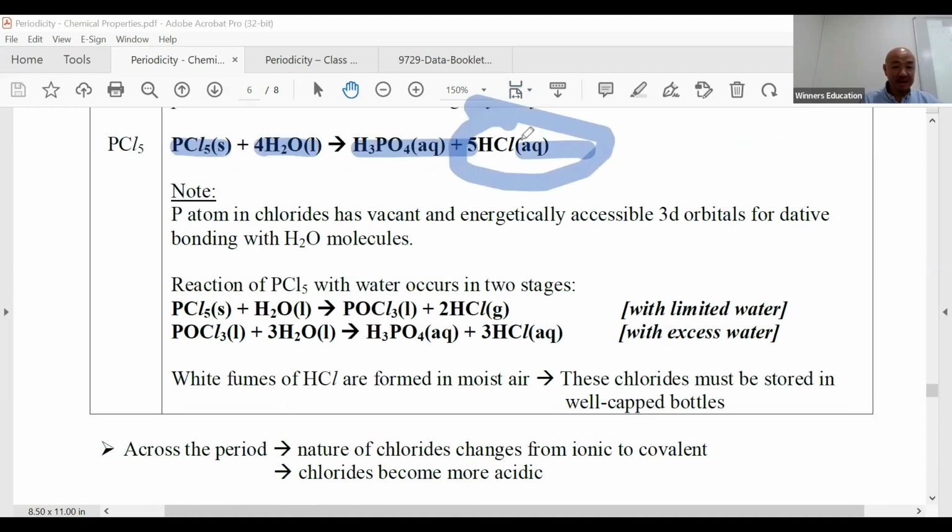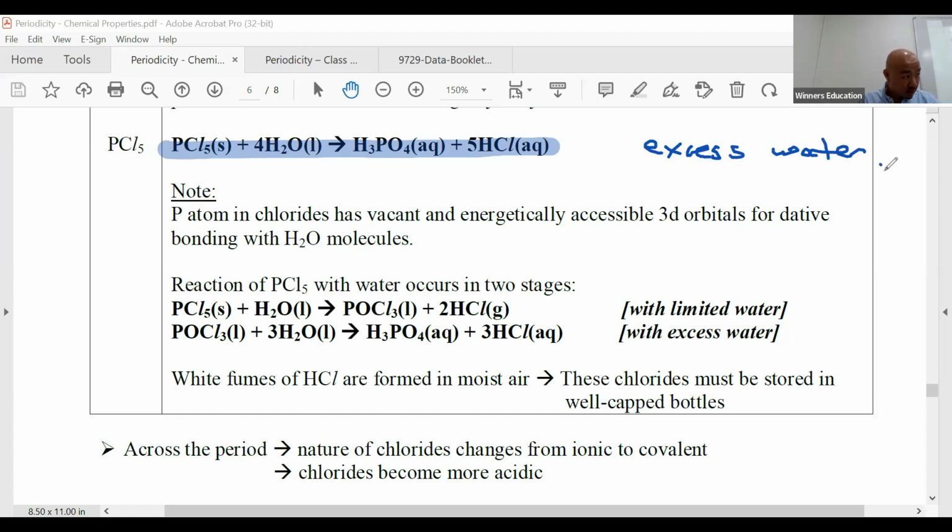But there's a small outlier here. Be very careful. This equation is what we give when we add in excess water. There's a lot of water, and this is what you form. But if the question asks for a limited amount of water, this is the equation that I'm going to write.